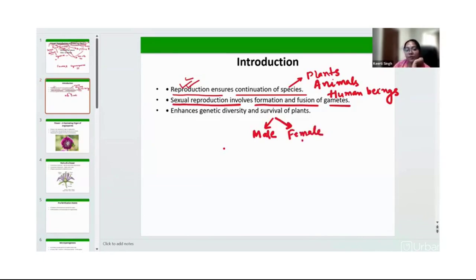Female will produce gametes, which are known as ovum, and male will also produce gametes.